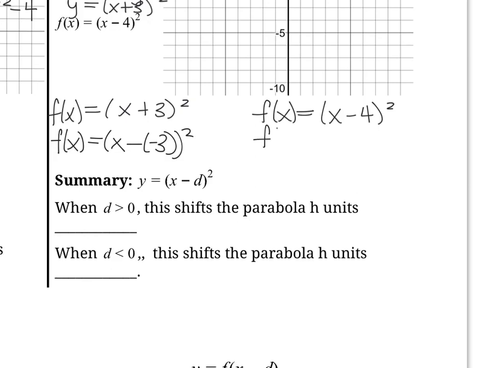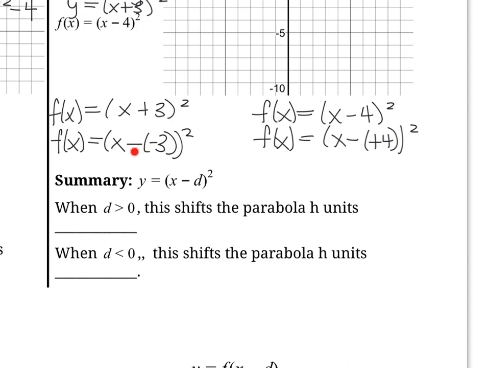And in the next example, instead of writing x minus 4, I'm going to say x minus positive 4. So in both of these equations, I haven't changed the value of anything. Subtracting negative 3 is the same thing as adding 3, and subtracting positive 4 is the same thing as subtracting 4. So I haven't changed anything.